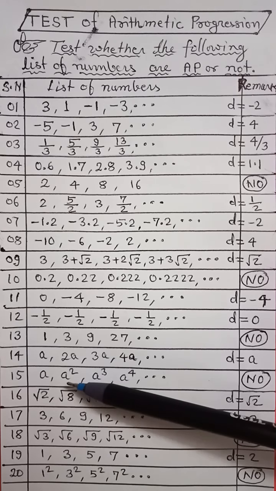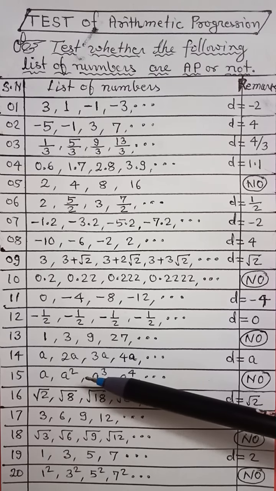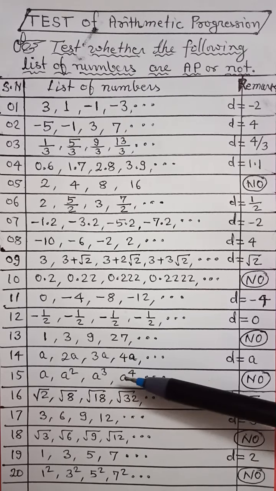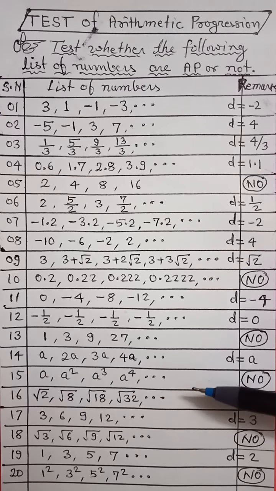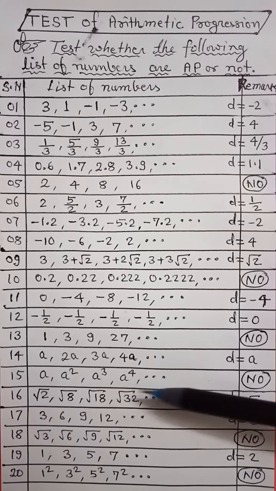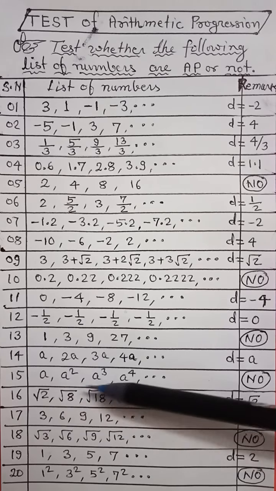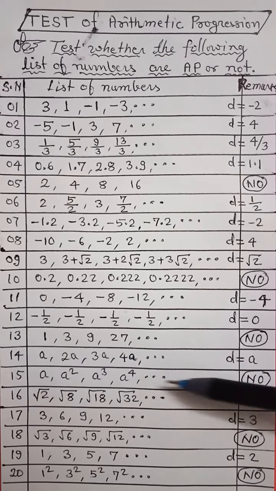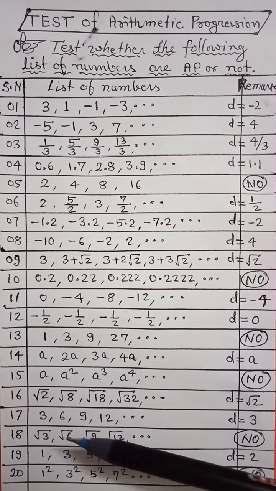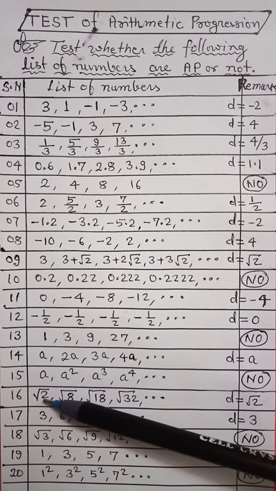Now a cube minus a square is a square times a minus 1. That means here we don't find any common difference, and therefore this is an example of a sequence which is not an arithmetic progression.